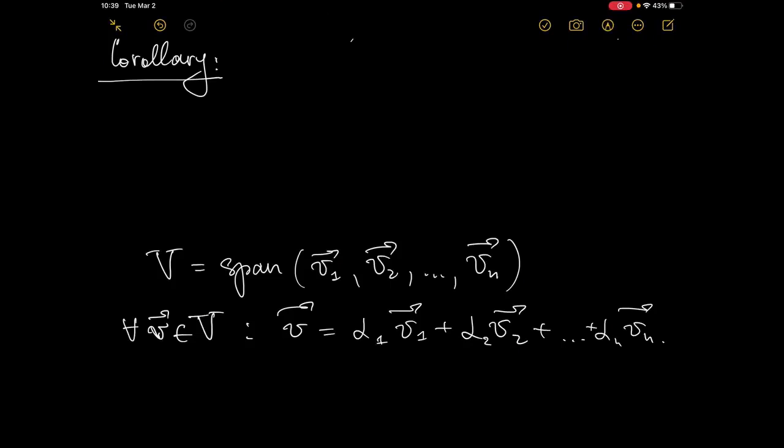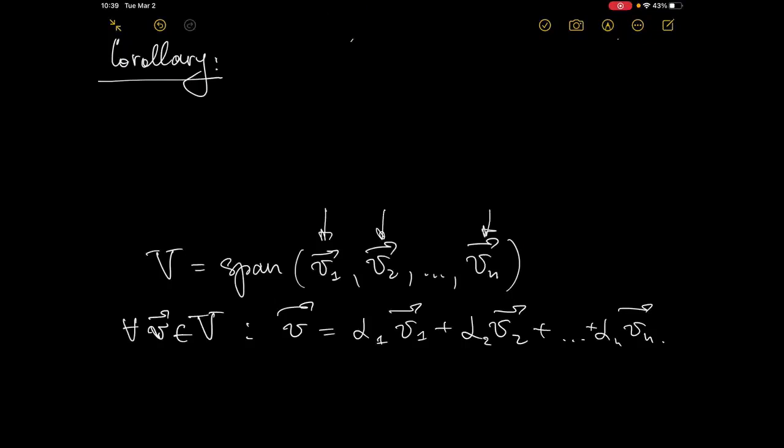You see, span doesn't mean that all these vectors are linearly independent, which means that they can be linearly dependent. But the basis is the spanning set which contains only linearly independent vectors, by definition of the basis. So in other words, it's the minimal spanning set.